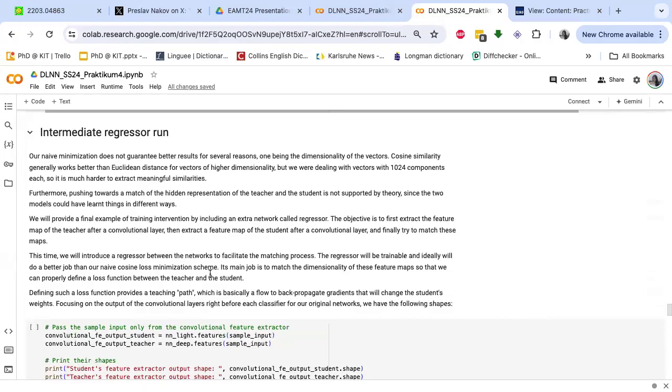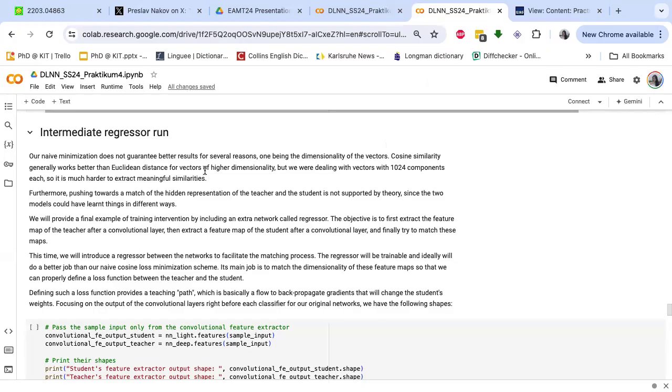So it might not always make sense to pull them to be exactly the same the way we did. And another thing is that, as written here, cosine similarity works better than some other types of distance for vectors of higher dimensionality. But here the dimensionality of the vector is 1024, which is still very large.